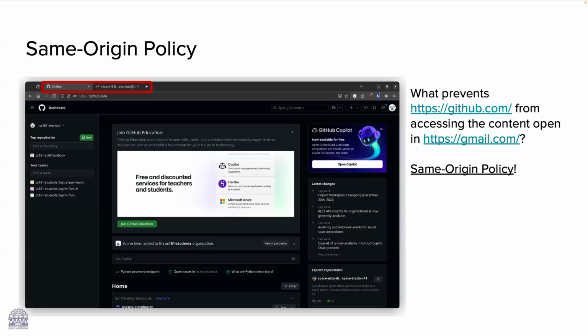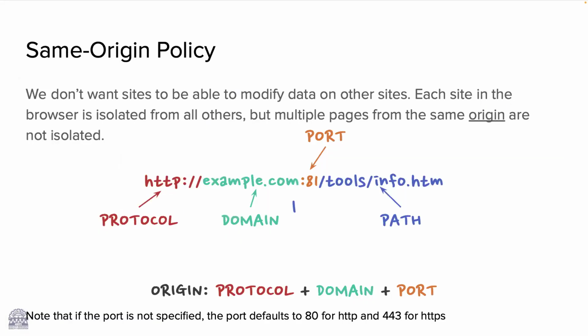So same origin policy basically deals with the question of, if you have a tab open with GitHub and then a tab open with Gmail, what prevents them from reading information from each other's website, because that would be kind of insecure. And the answer to this is same origin policy.